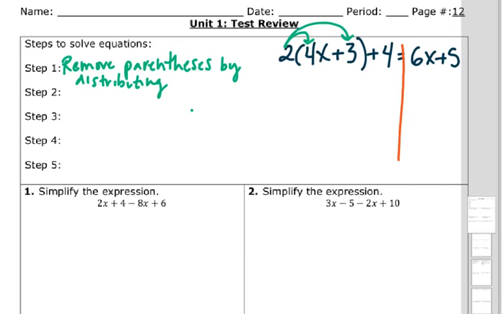So we just removed the parentheses by distributing. So what that means, 2 times 4 is 8x, 2 times 3 is 6. Then we take the rest of the question and we write it right below.